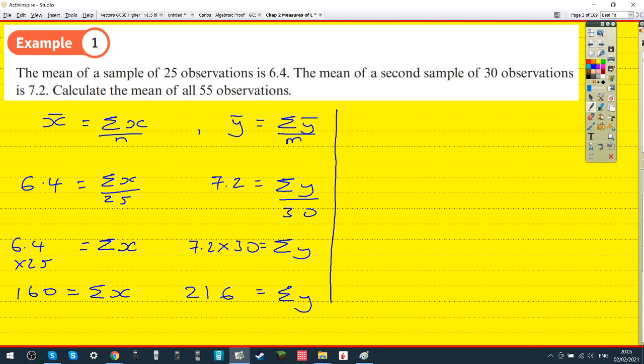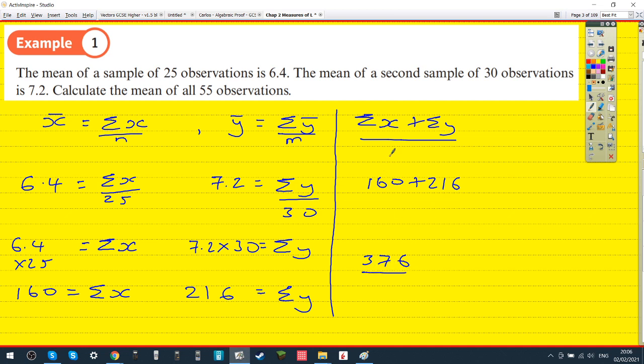We want the overall mean. So would you just add them together? Yep. Okay. Which is 376. And how do you find mean? You divide by 55.